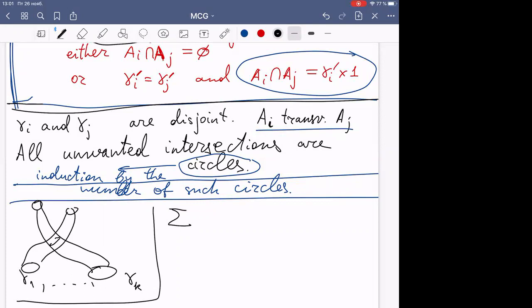So the first idea for the complexity is that we take the sum over all pairs ij such that gamma_i is disjoint from gamma_j. We may take the number of components of the intersection.